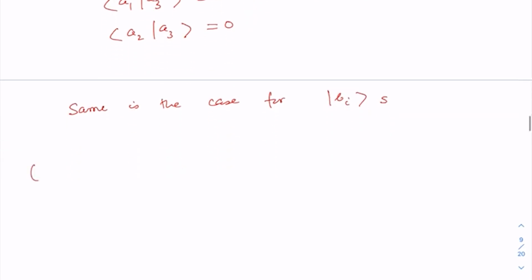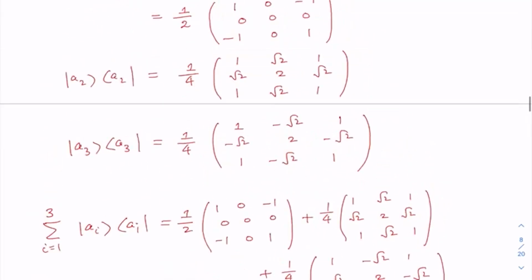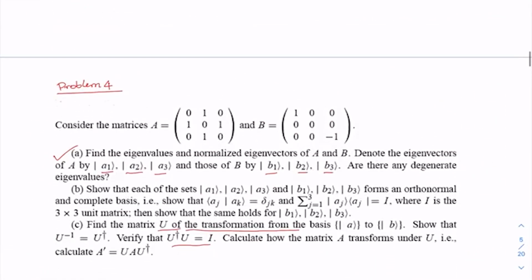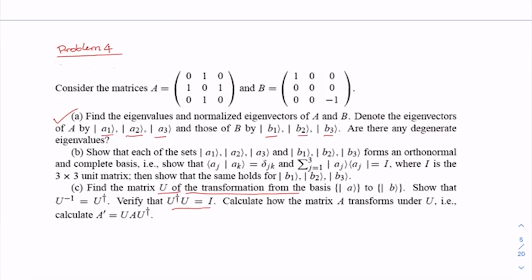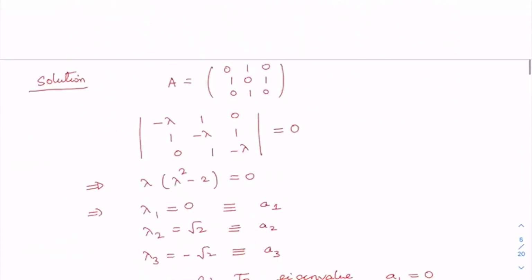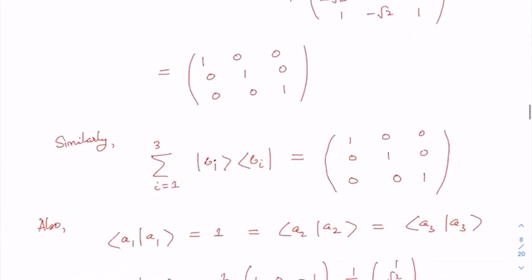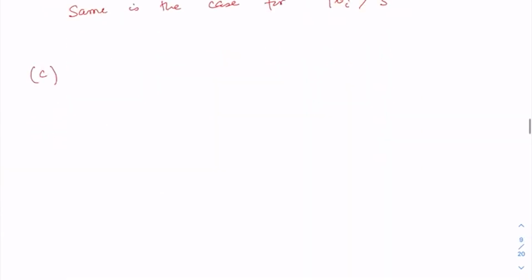Now finally, in the third part of the problem, you are asked to find the matrix U of transformation from the basis A to B. Okay, let us do that. Let me just remind you how we can write it.